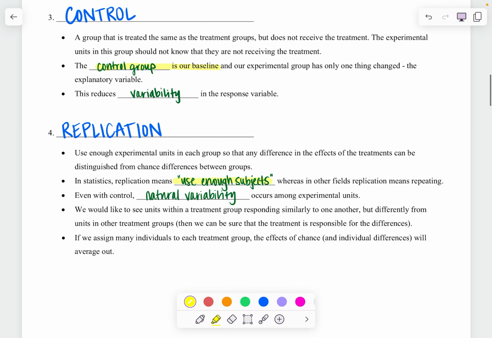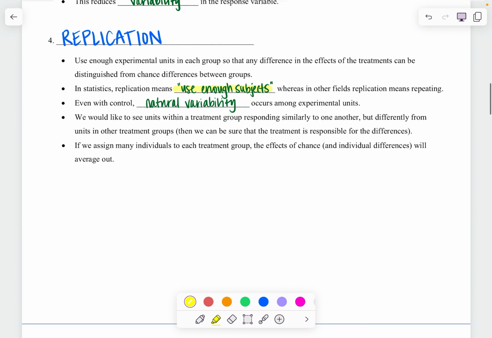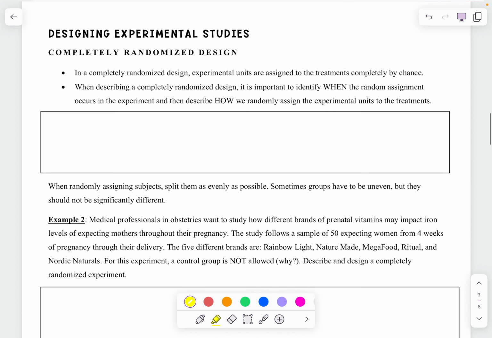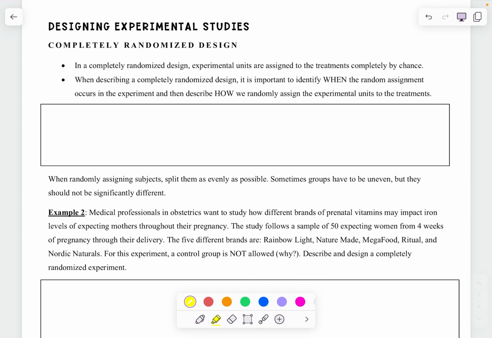So now let's get into some FRQs. There are 3 types of experimental designs. The first one is going to be completely randomized design. I want you to make sure that you know all of the methods we did for sampling: simple random sample, stratified, cluster, systematic, convenience, voluntary.